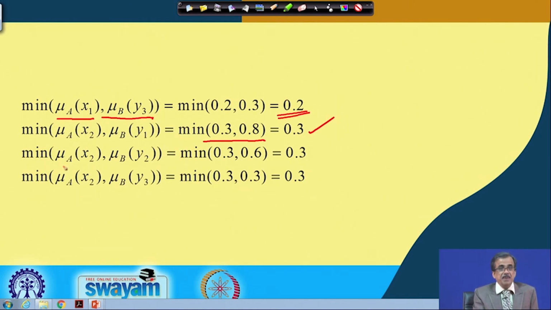Next is the minimum between mu A(x2) and mu B(y2), that is the minimum between 0.3 and 0.6, which is 0.3.